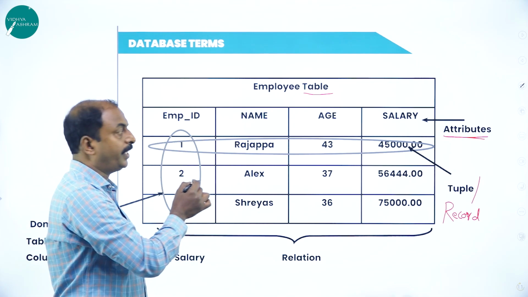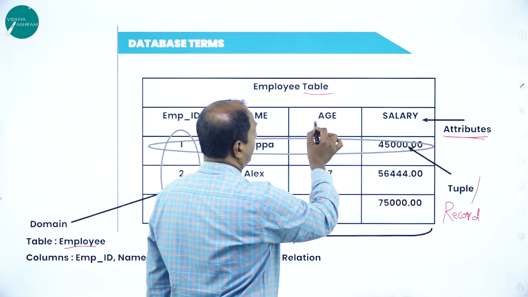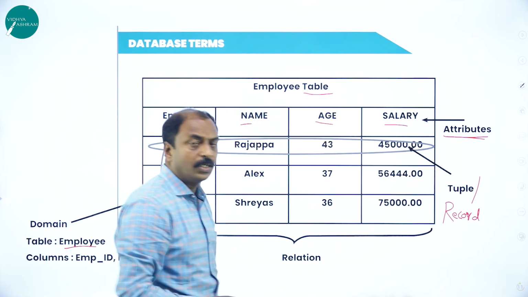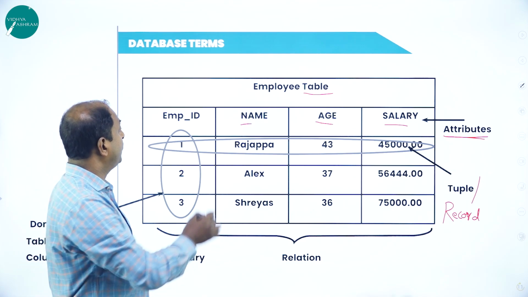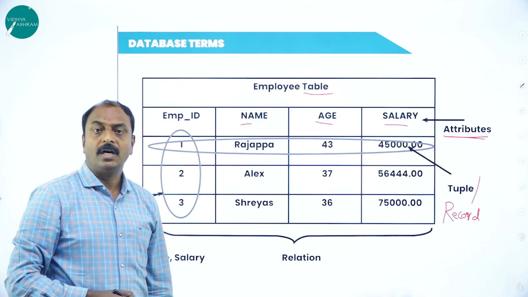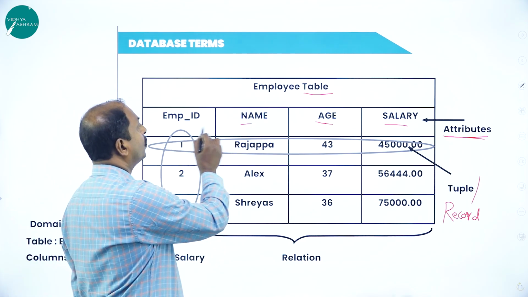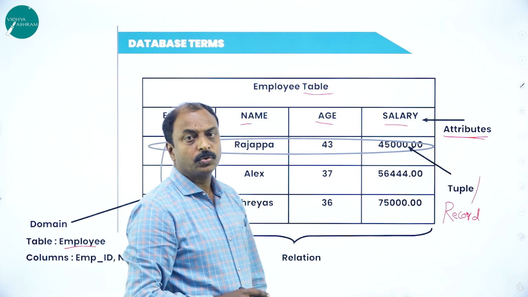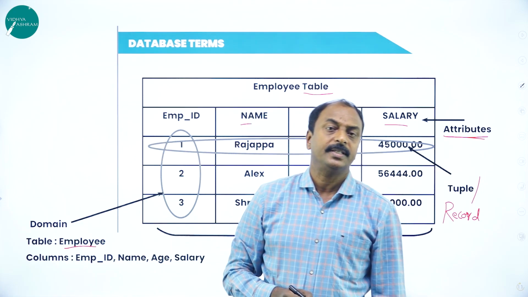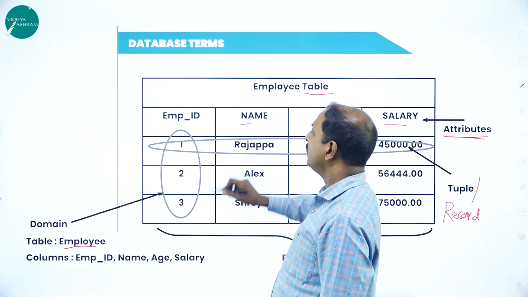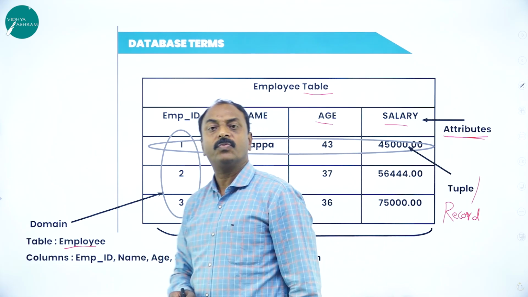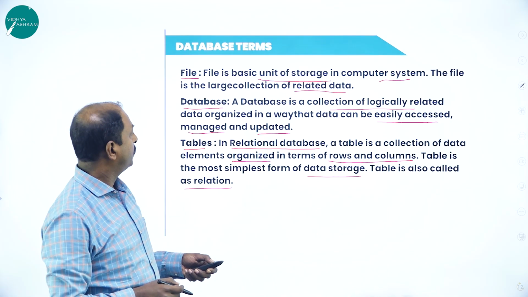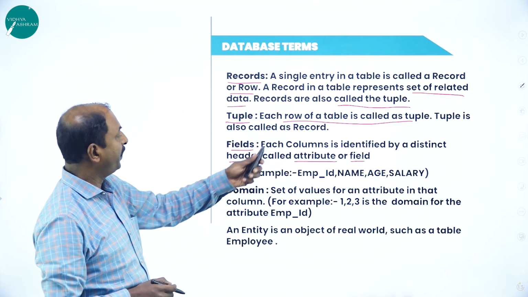Employee ID is one field, name is another field, age and salary are two different fields, and these are distinct or unique, and two columns should not have the same header. So these are nothing but the columns. Another name of column is attribute. So that is the definition of fields.